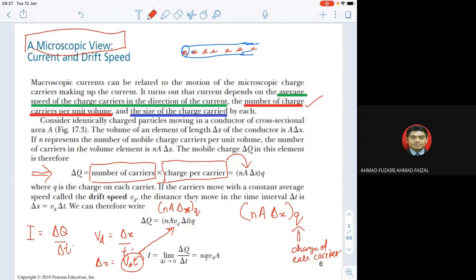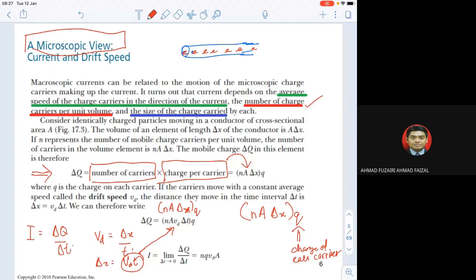So we can replace delta x with Vd times delta t. And Vd stands for drift speed. Why do we call it drift speed? Because in the microscopic view, the speed of the charge is very small in value, but the charges move very fast. That's why we say we can have a drift speed.